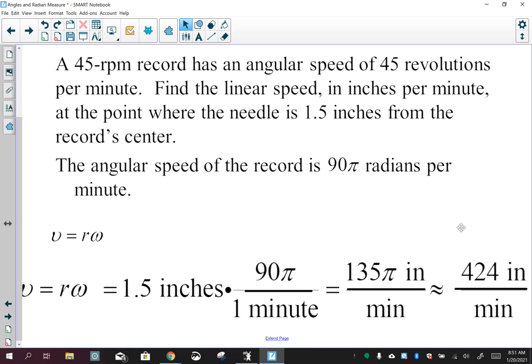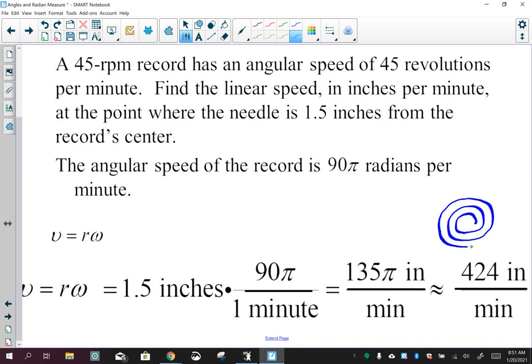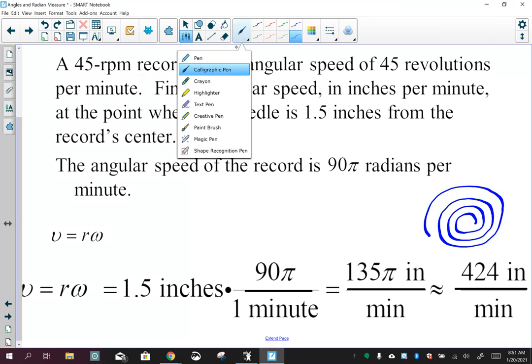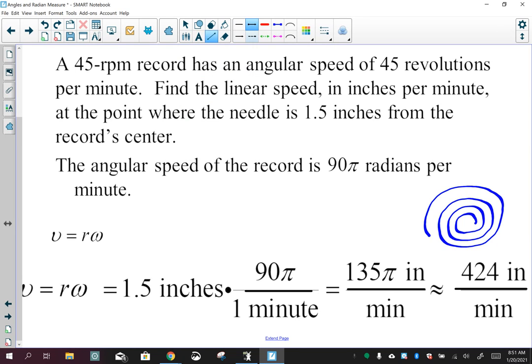If you think about this record going around, we start at a point and keep going around and around, and we stop somewhere. If I take this coil and ask what it looks like in linear length, I take it out and draw a straight line.